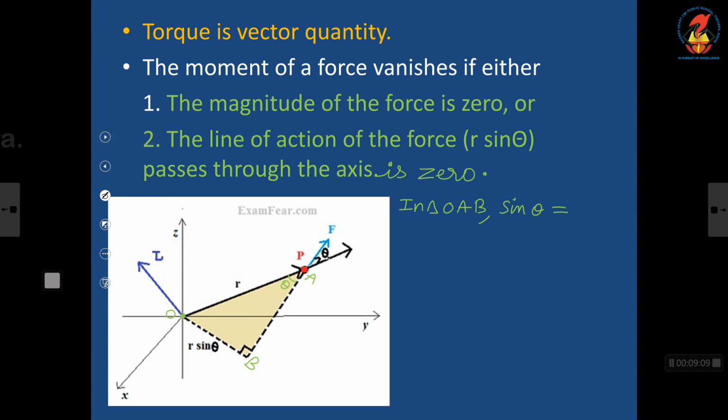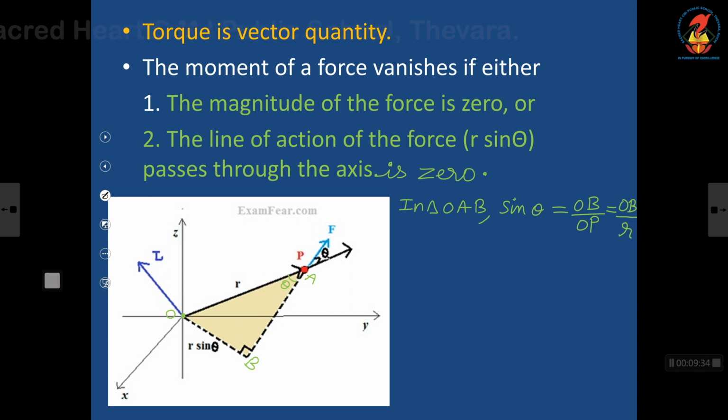So, I can write OB by OP. Opposite side is OB and this is OP. OB by OP, which is OB by r, because you can see OP is r. Now, this is the perpendicular distance.